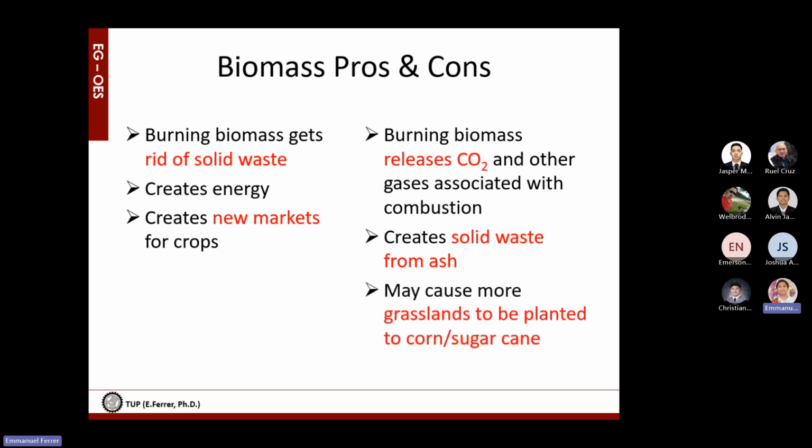It may also cause more grasslands to be planted with corn or sugar, so grasslands are converted to agriculture or crop production.